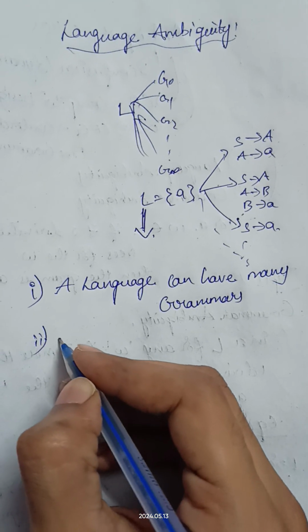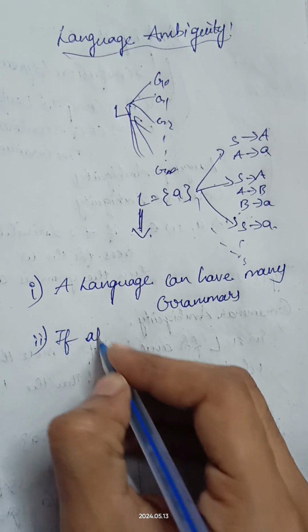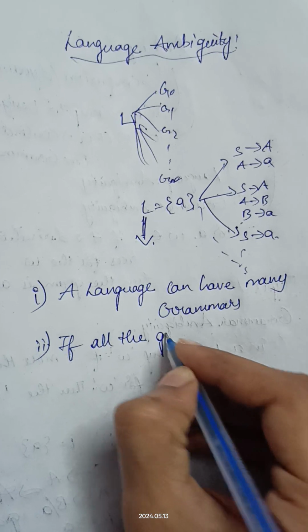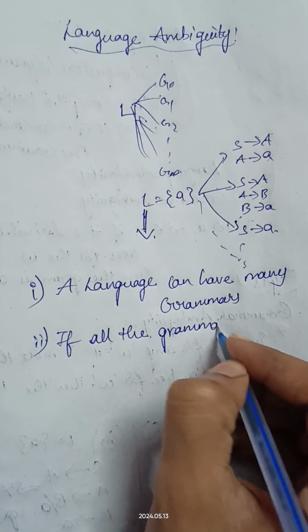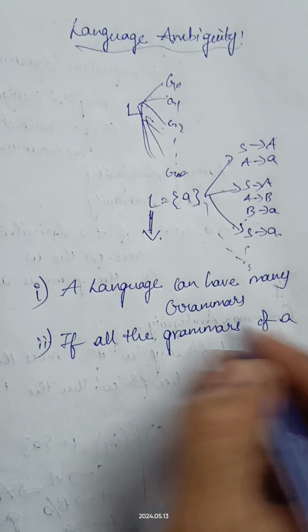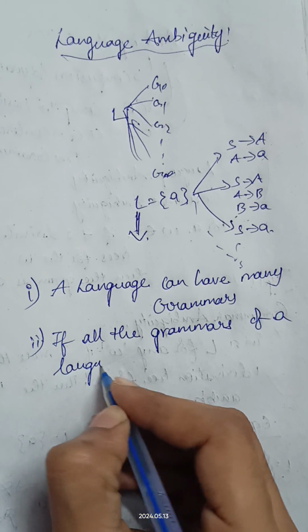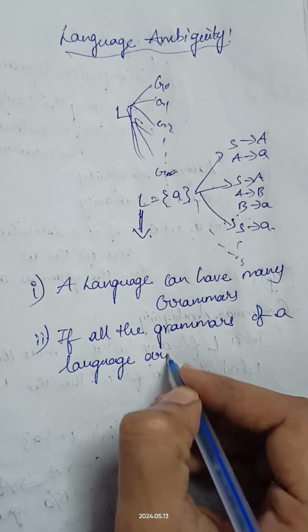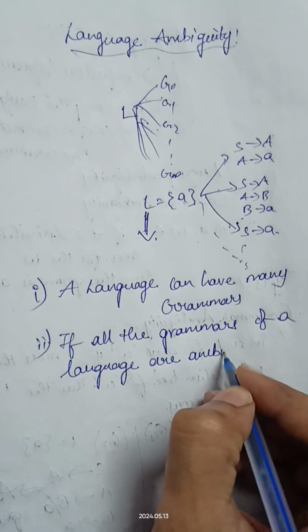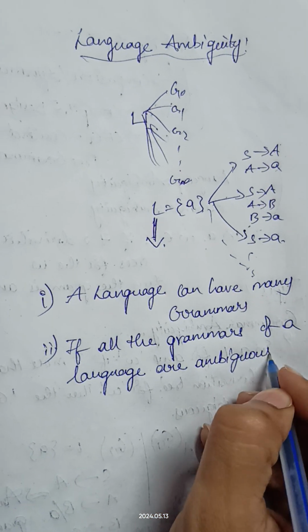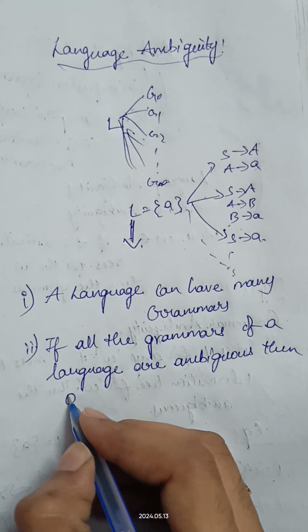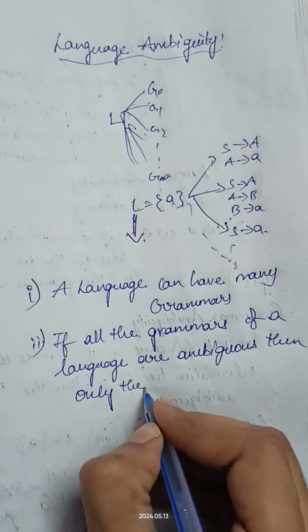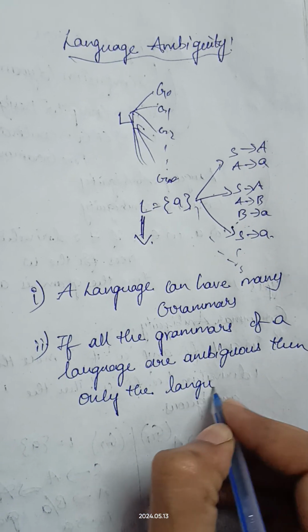The second one is, if all the grammars of a language are ambiguous, then only the language is said to be ambiguous.